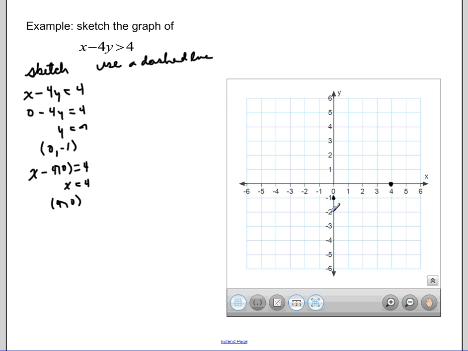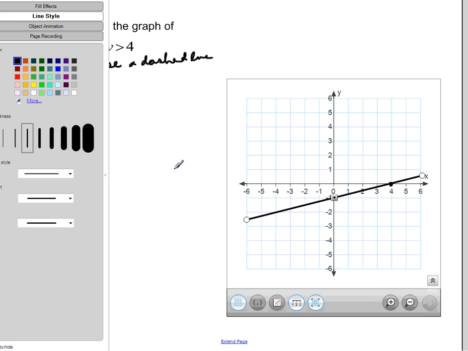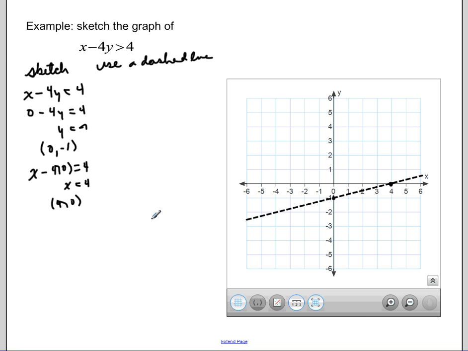Let me see what I can do about aiming this line correctly. Okay, that's good. Then let me set up some properties for this line and make it a nice dashed line. There we go. So that's what our line should look like.